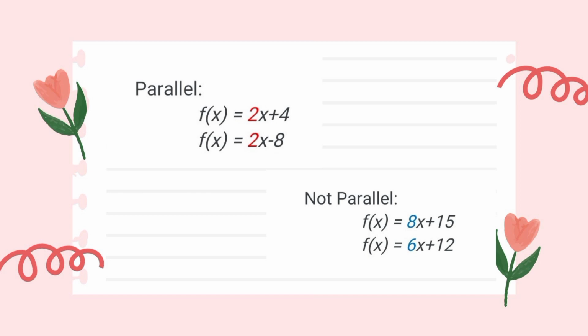Why? It is because they have the same slope, which is the number 2. On the other hand, the other equations are not parallel to each other because the first equation has the slope 8 and the second equation has 6.